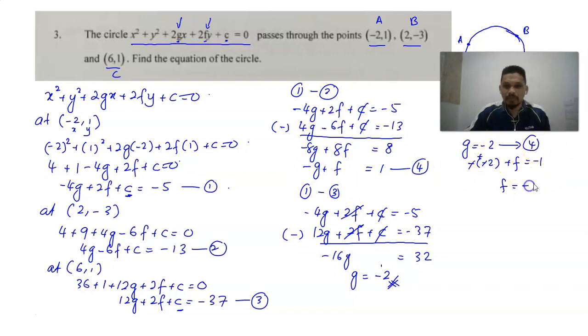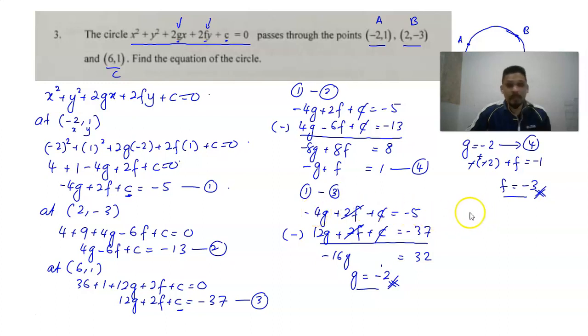So f equal to negative 3. Okay, so we already have got the value of g and also f. Substitute these two both into either equation 1, equation 2, or equation 3.